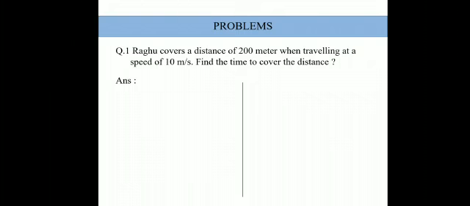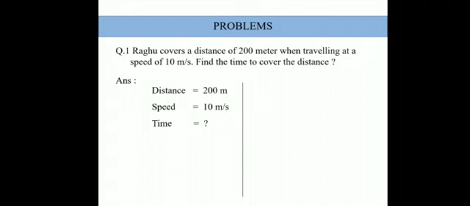So first we will try to find out with the help of this problem. Raghu covers a distance of 200 meter. So Raghu, a boy or a person who is running or maybe traveling, traveled a total distance of 200 meters, right?